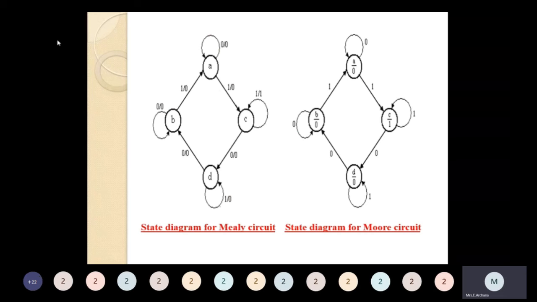The first one will be an input and the next one will be an output. A Mealy circuit has different outputs, so we represent the output outside. But in the Moore circuit, whether the input is 0 or 1, we get the same output, represented inside the state, that is inside the circle.